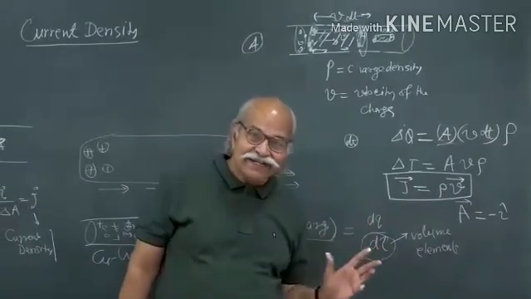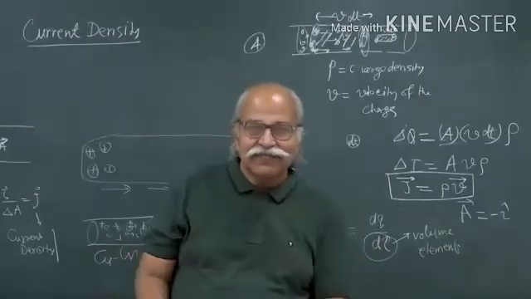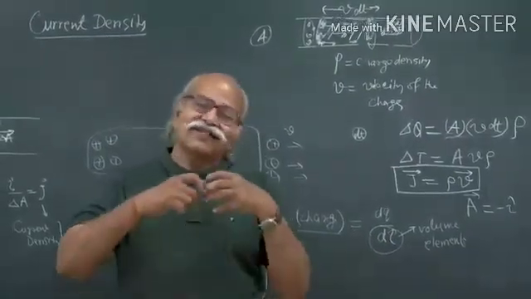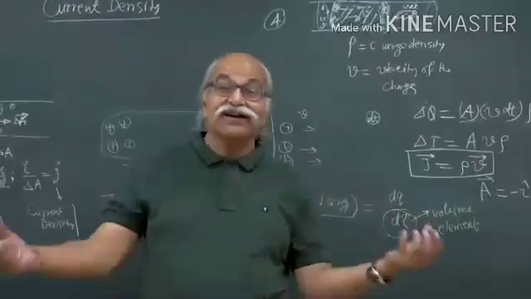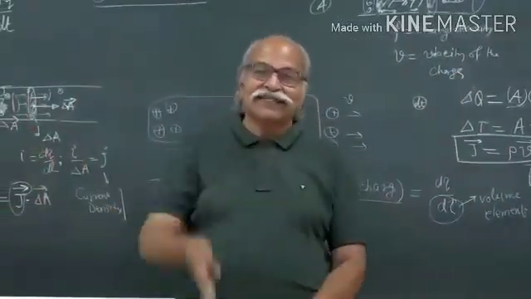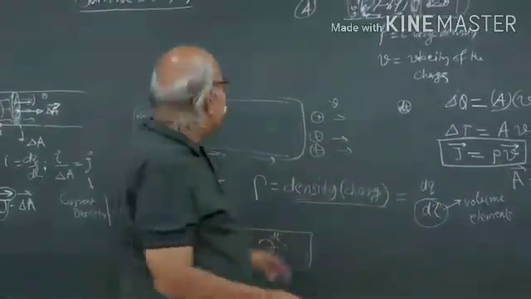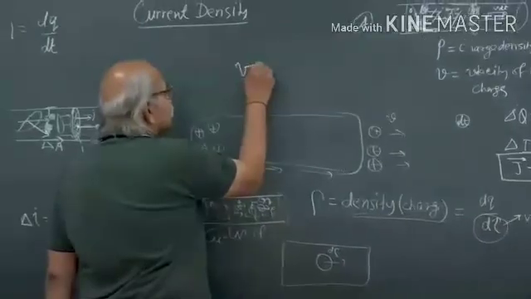And this current means the current that we are talking about, and generally that will be the case. I have a wire, I have a material, and then the charges are flowing, and then I take a cross section, divide. So this is also known as the volume current density.